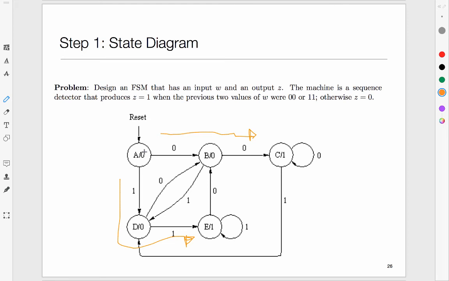How about palindrome? So I'm getting ones and zeros, and I'm basically asking, is the string of ones and zeros that I have received thus far palindromic? Everyone knows what a palindrome is? Think about it. I cannot do it using FSM.